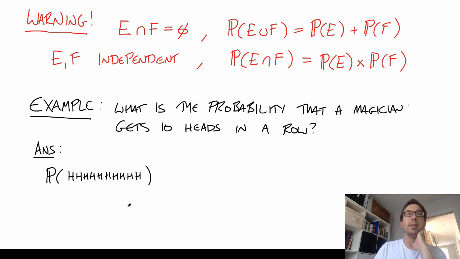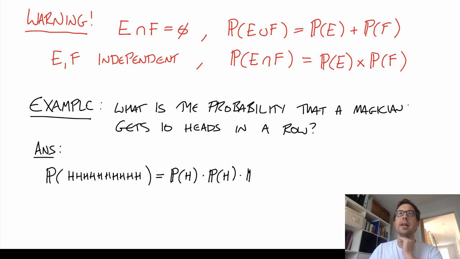All of these outcomes are independent of one another. So I could say the probability of the first head is independent of the probability of the second head, so I can make that a multiplication, and independent of the probability we get a head in the third coin, all the way up to that 10th head.